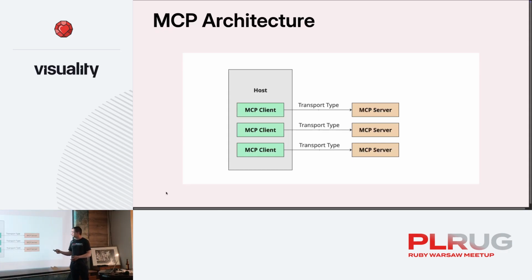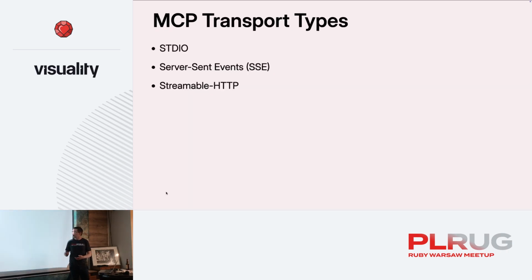Between the MCP client and the MCP server, there is some kind of information transfer. And there are three transports, actually two. The second one evolved into the third one. First of all, stdio, which is just a connection between processes on the same machine.